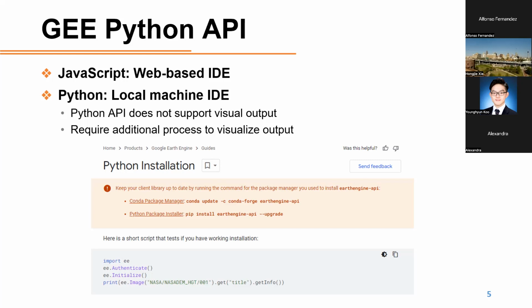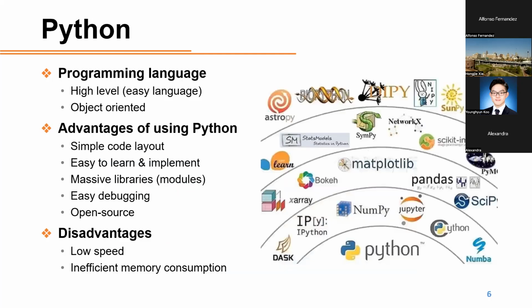Okay, so you install some of the functions and algorithms on your local machine, but apply them to the cloud. The data is in the cloud. Okay, the Python API does not support visual output, and requires additional processing to visualize output. So all of this data goes through the Colab.